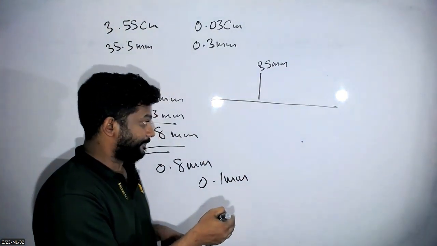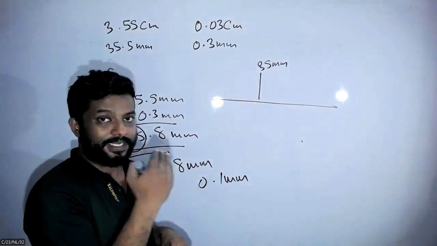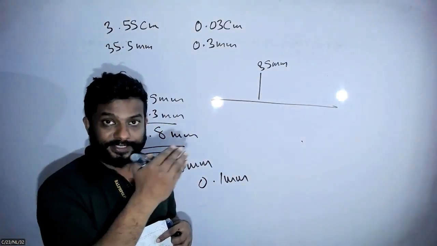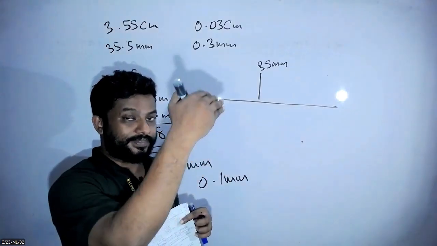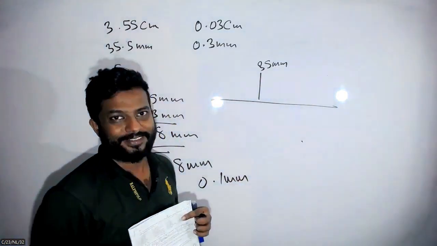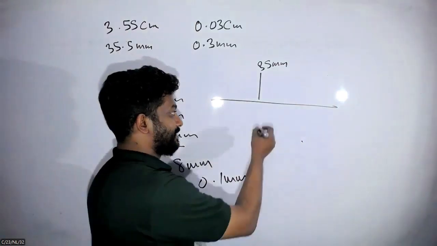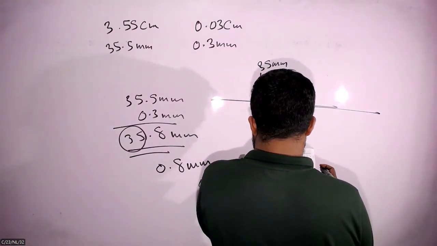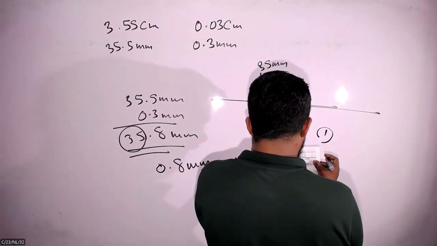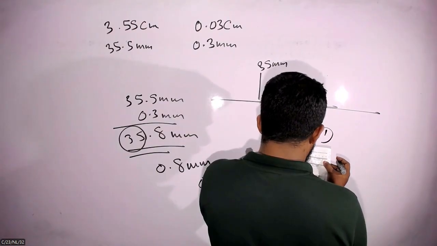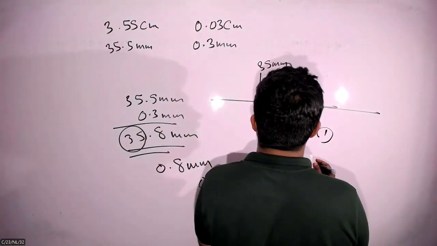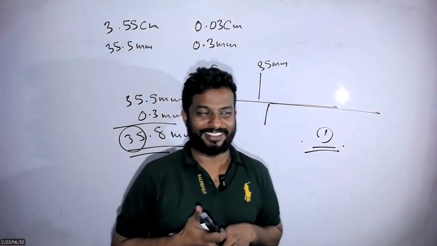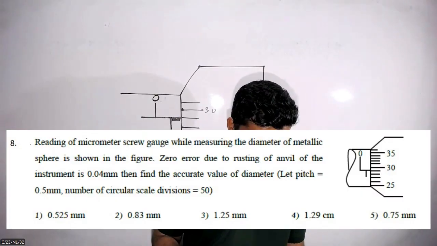To obtain 0.8 millimeter as the vernier reading, 8 vernier division should be aligned with a main scale division. Here you can observe that in the first choice 8 vernier division align with the 43 main scale division. Therefore, the answer is the first one, right? Let's see the next question.